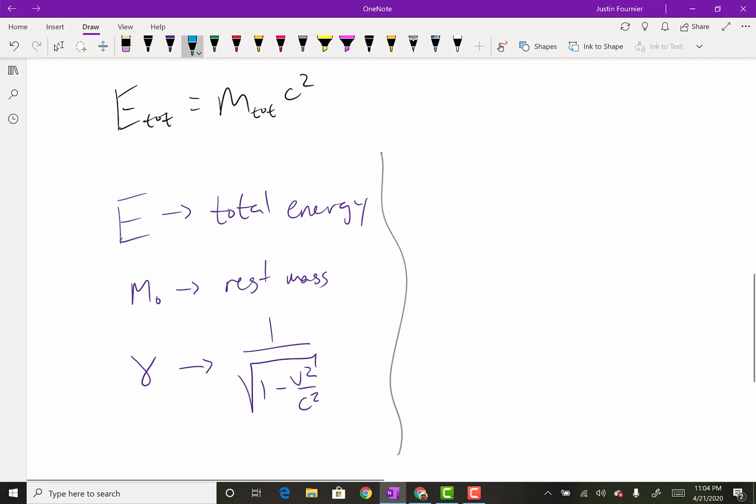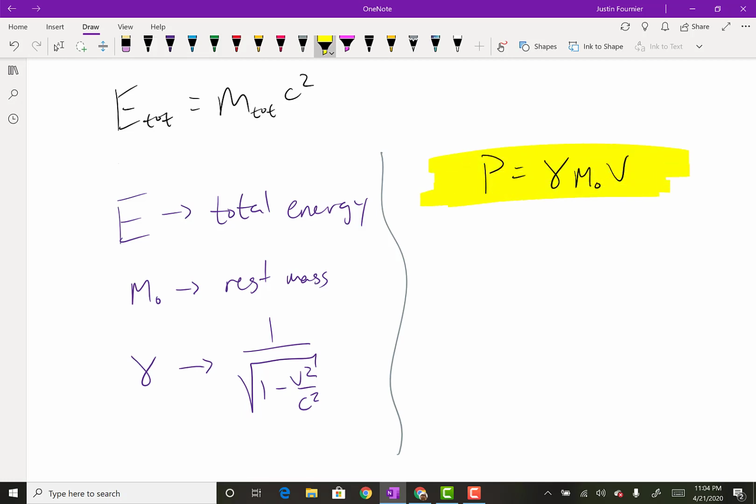You're going to use these equations. The first one is the momentum equation: momentum equals gamma m naught v. The other one is energy equals gamma m naught c squared.